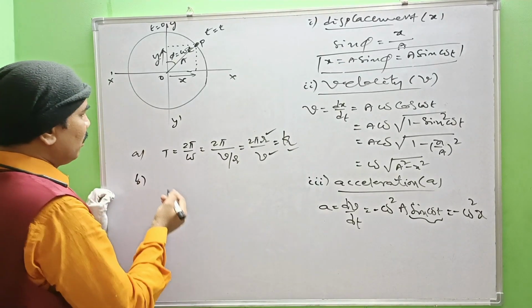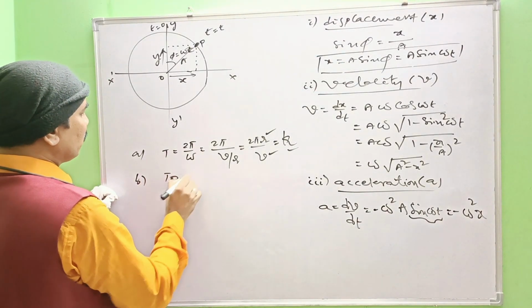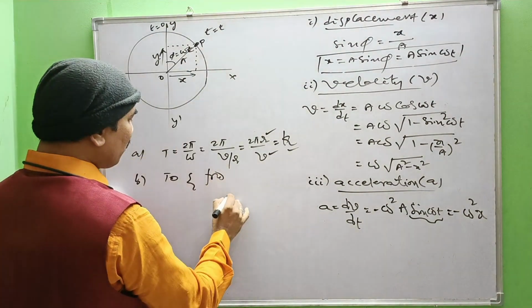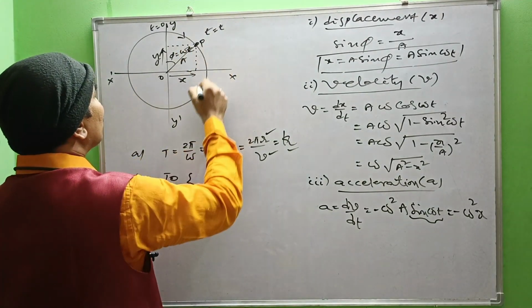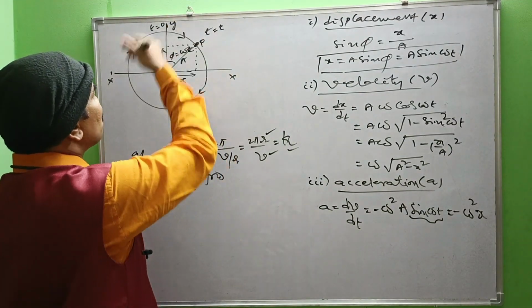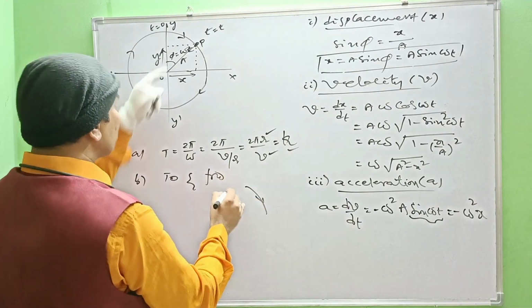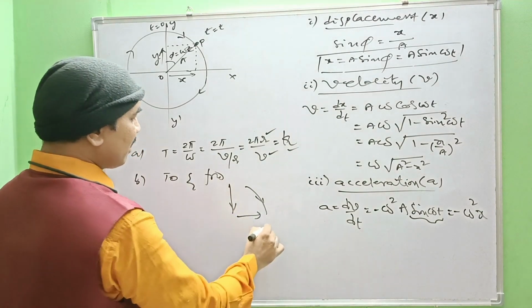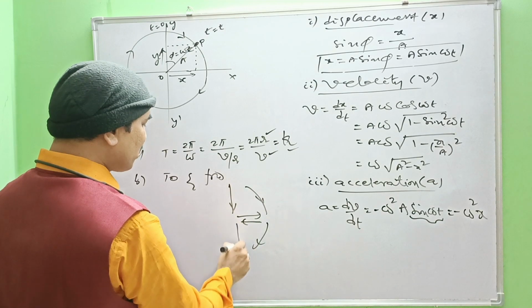Next, motion must be to and fro. How is it to and fro? During the motion of the particle in the first quadrant, moving clockwise for example, the y projection decreases and the x projection increases. In the second quadrant, the x projection decreases and the y projection increases.